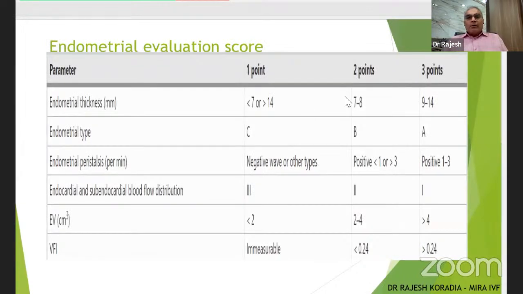Different authors have come out with an evaluation score, which takes into account endometrial thickness, endometrial type, endometrial peristalsis, endometrial and subendometrial blood flow, EV, endometrial volume, and VFI, which is measured by 3D.